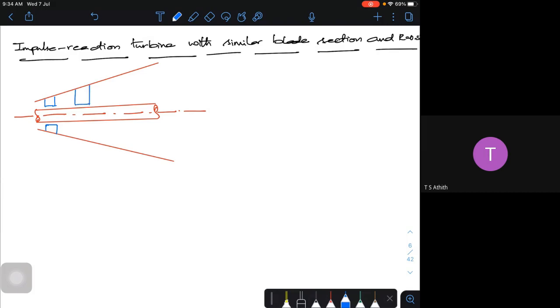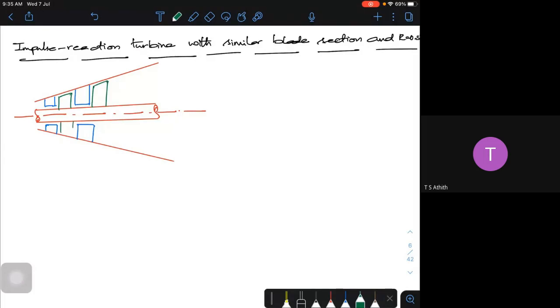Let me put 2 sets of stator blades and 2 sets of rotor blades. Then I will be having the rotor blades. The rotor blades are fixed to your shaft. This is my rotor. I'm not drawing any aerofoil, I'm just trying to show.